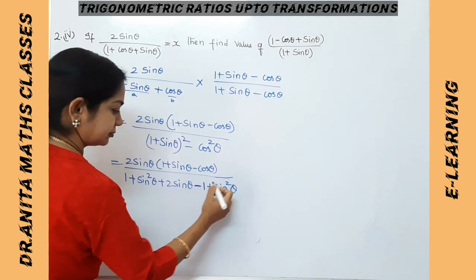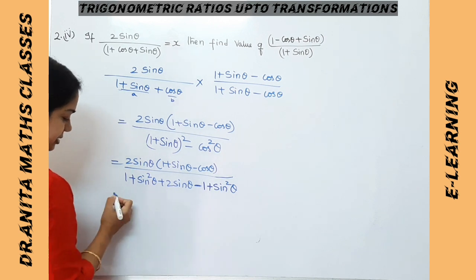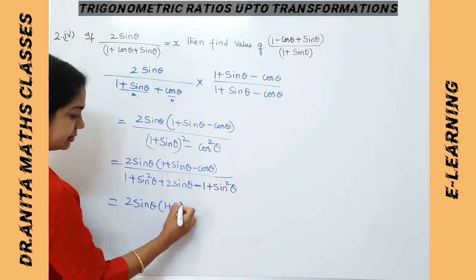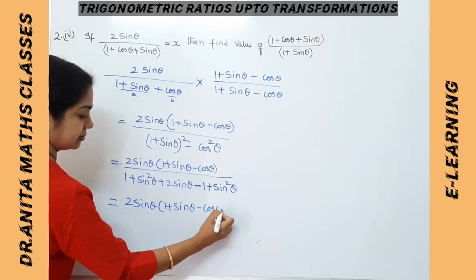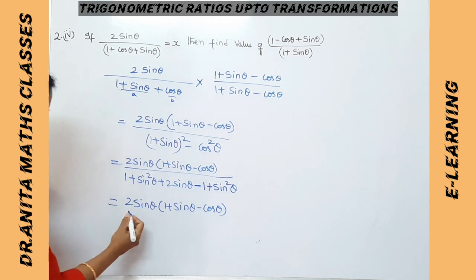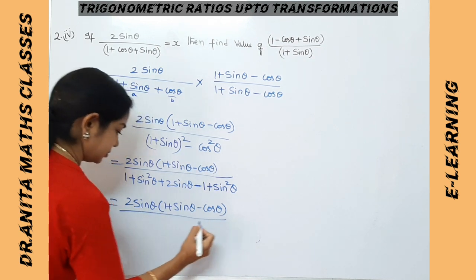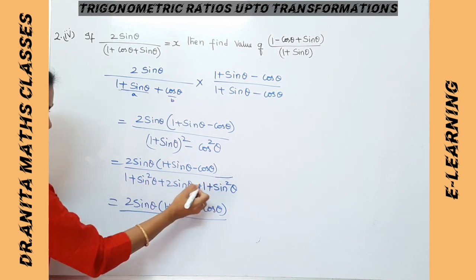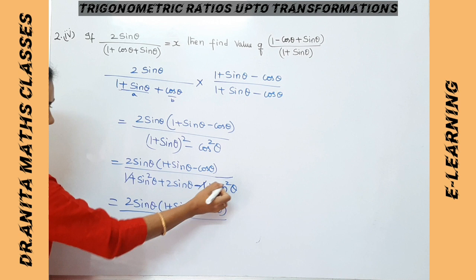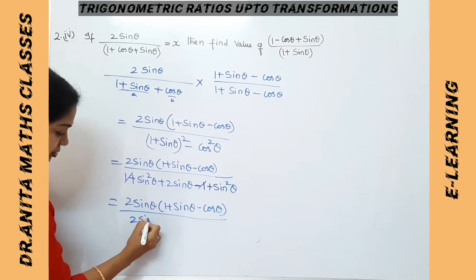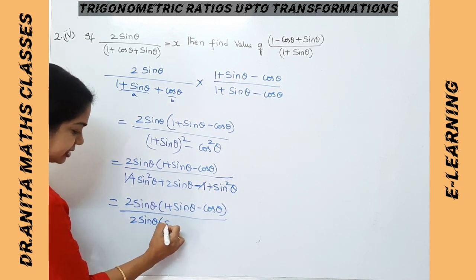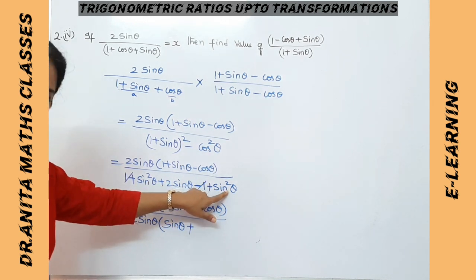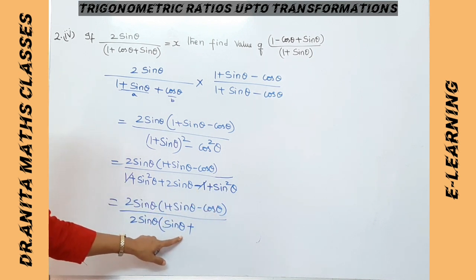So here this is minus, isn't it? Now here, if you take 2 sine theta, 1 plus sine minus cos theta. Okay. Here, if you take sine square and here sine square, minus 1 plus 1 goes off. Sine square plus sine square is 2 sine square. So let me take common 2 sine theta, you get sine theta plus 1.